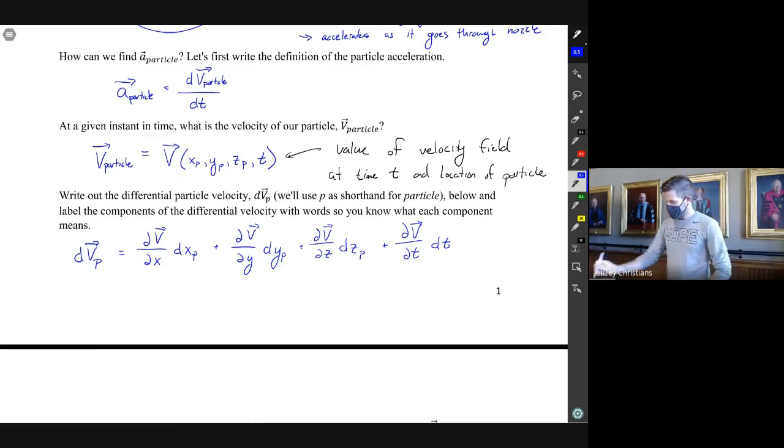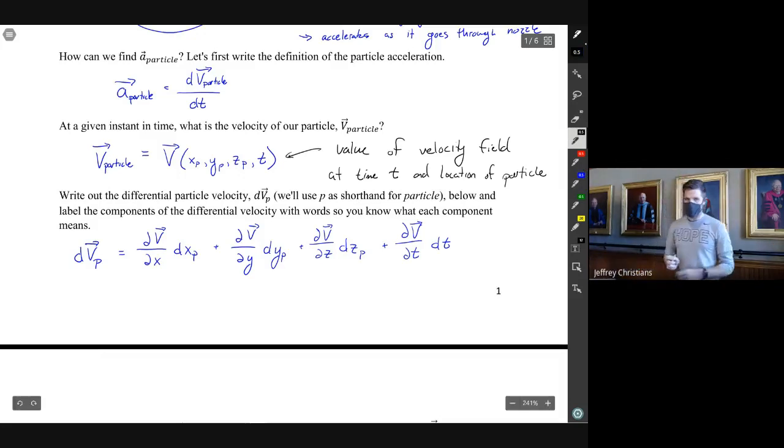Okay, so what are all these different terms? If we moved from, say, just before the nozzle to a little bit into the nozzle, we would experience an acceleration, as we start to go out the nozzle. What would that be? It would be equal to how far we moved. If we moved from just outside the nozzle to just inside the nozzle, how far did we actually move?